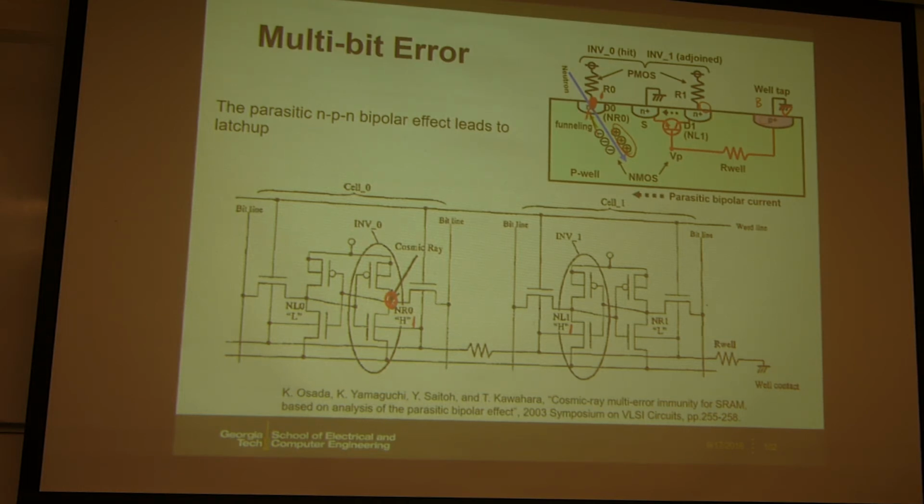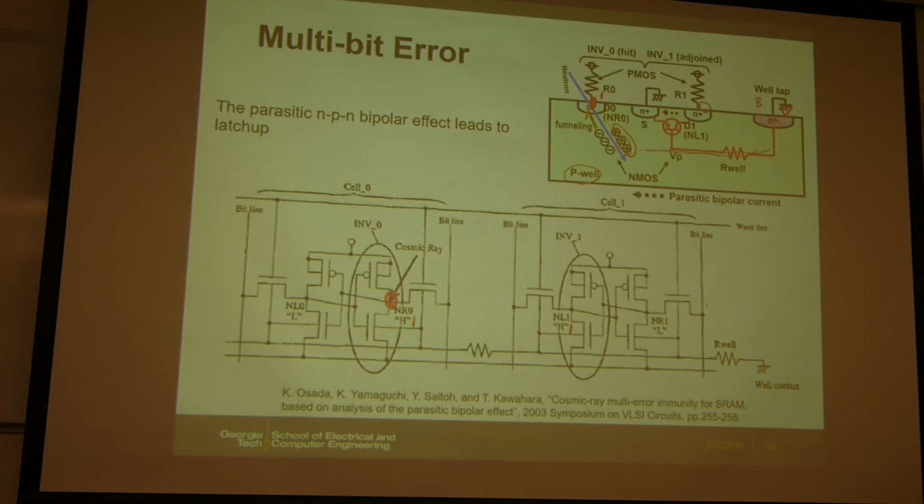But in the circuit, the body contact is not everywhere. You only have one body contact in one region. That means the holes need to travel along the substrate, which is p-type, and then go through here, and eventually go to the body contact, which is ground.